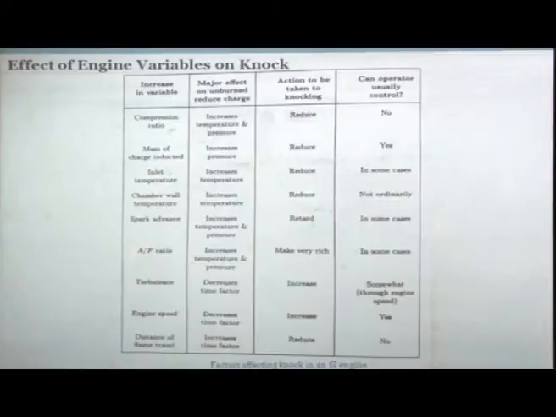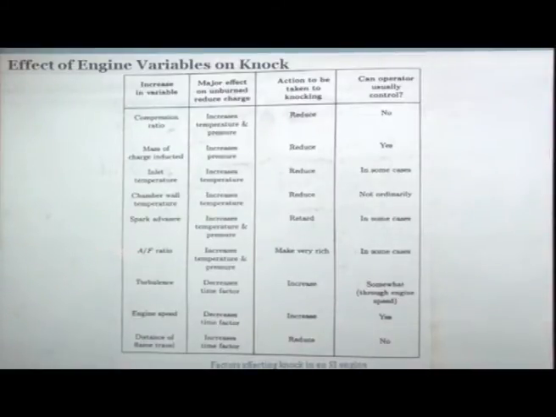Air to fuel ratio. If you increase the air to fuel ratio, that means more air and less fuel. This increases the temperature and pressure, because in order to satisfy certain load conditions, you have to fix the fuel and put in more air.